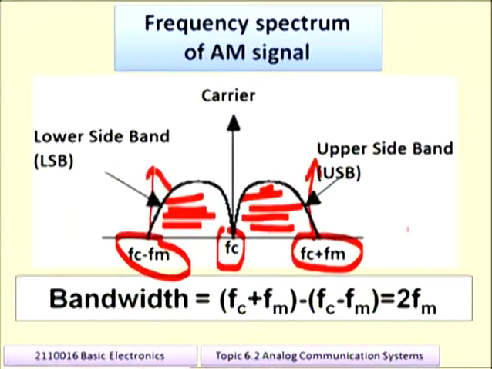If I have a maximum frequency of, let's say, 10 kHz, then I require 20 kHz bandwidth. If I have a full audio signal of 20 Hz to 20 kHz, then I require a bandwidth of 40 kHz. So in amplitude modulation, we always require a bandwidth of 2 fm.